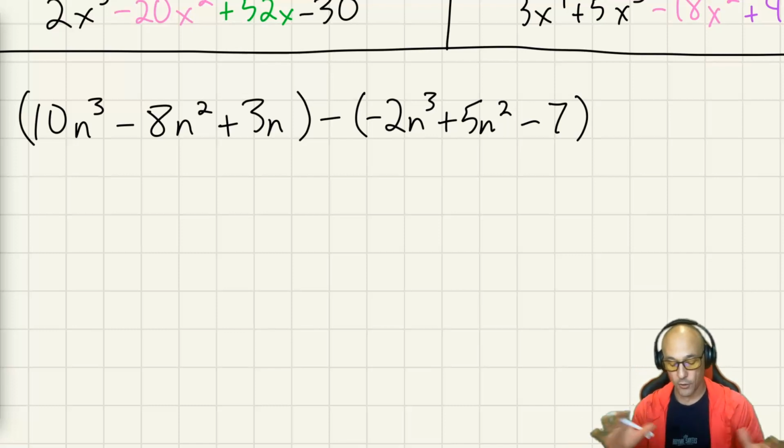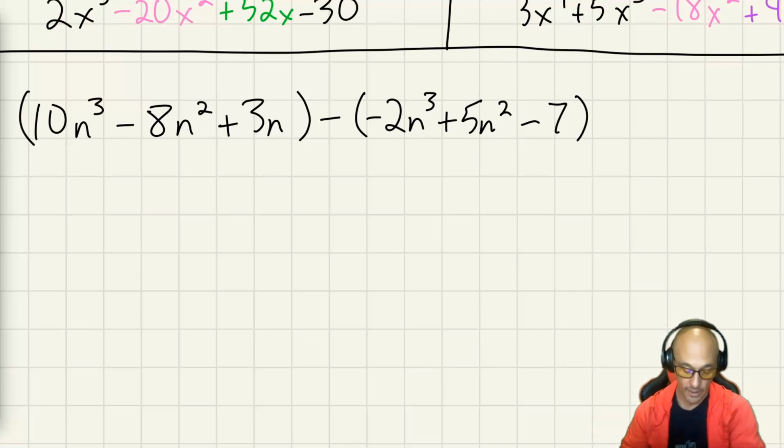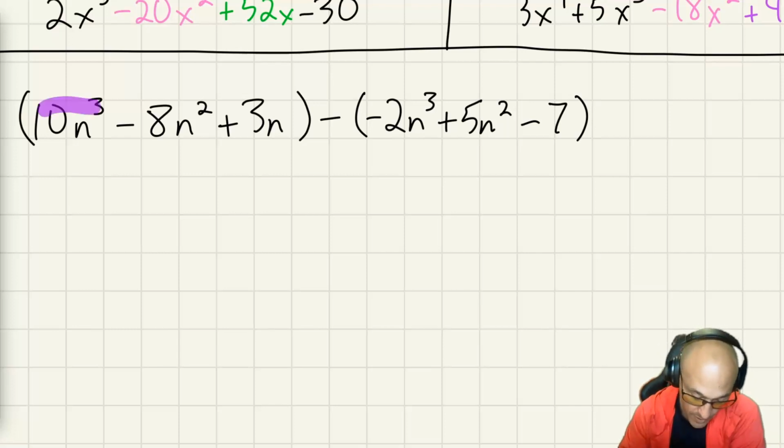I can do this in a couple different ways, and I'll do each. Because I like using colors, I think it's helpful to identify like terms.